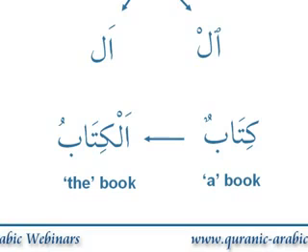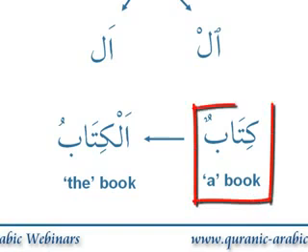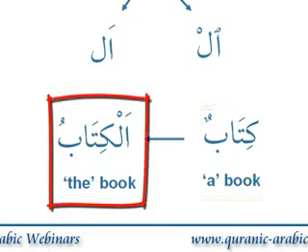If you want to switch that general noun or common noun, whatever you want to call it, into a definite noun, i.e. we're talking about a specific book, then the rule is you prefix it, i.e. you start it with al, which is like putting the word the on the front of it, and the tanween effectively gets changed to a single haraka. I.e. instead of tanween, if in this case we've got the 2 dhammas, we change it for 1 dhamma. So kitabun, a book, becomes al-kitabu, which is the book.